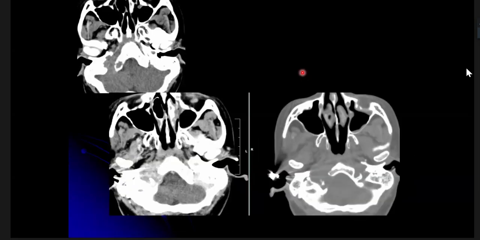Very good. Tell now. This is the higher section of the same patient. This is a plain study. This is a contrast study. And this is a bone window.